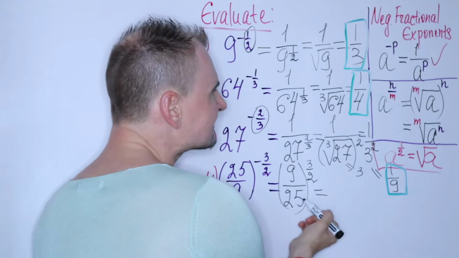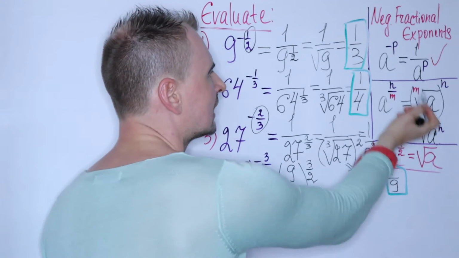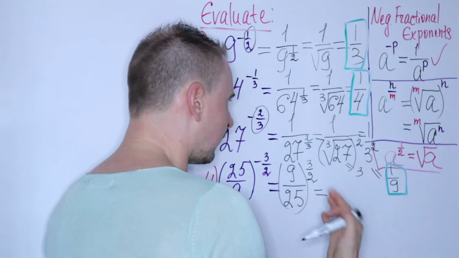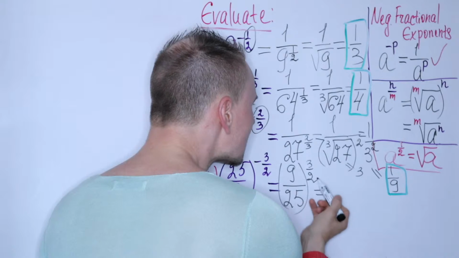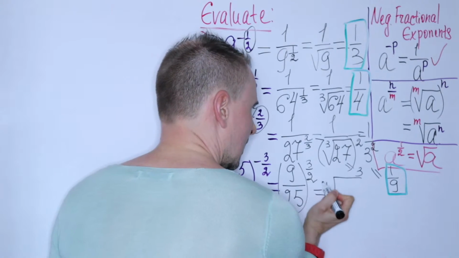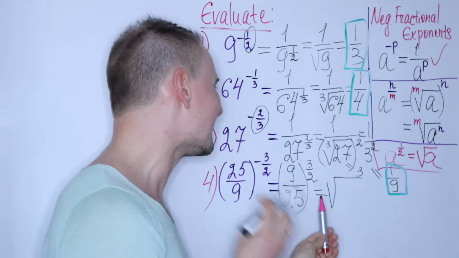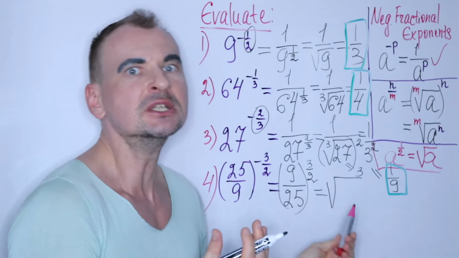So now, at this point, all you want to do is just rewrite it, turn it into this radical form. So 2 goes as an index for your radical symbol, but since it happens to be 2, it's implied.